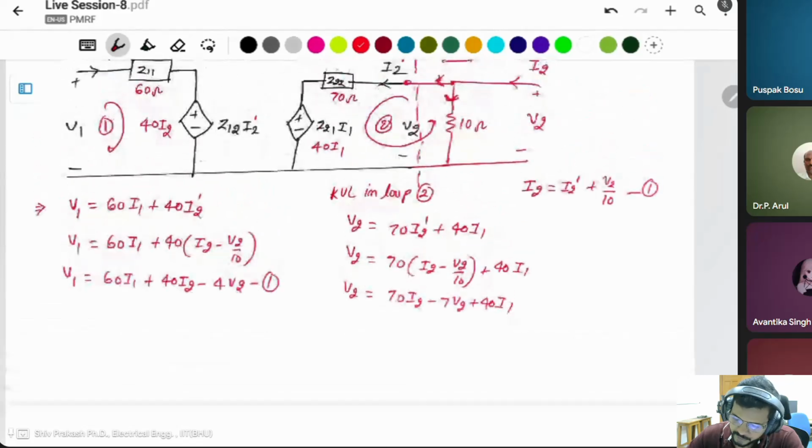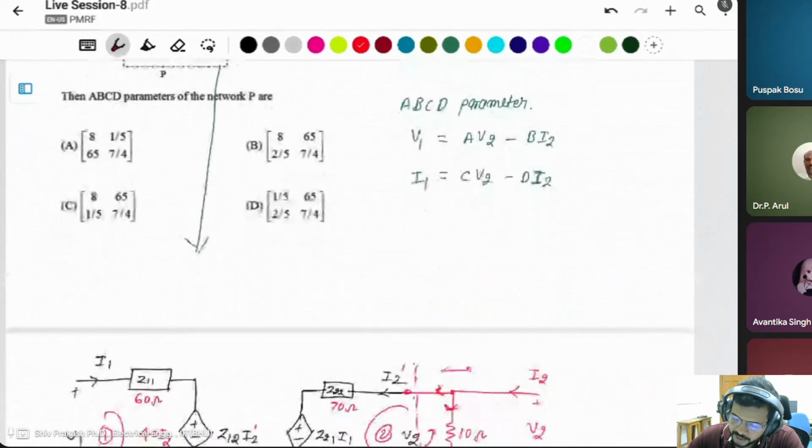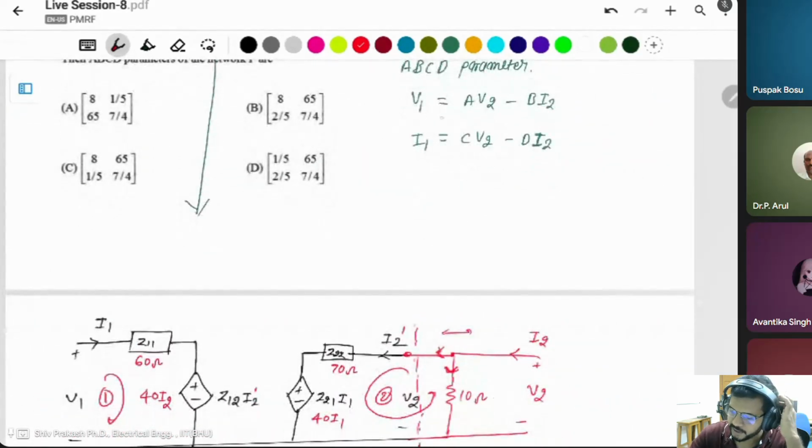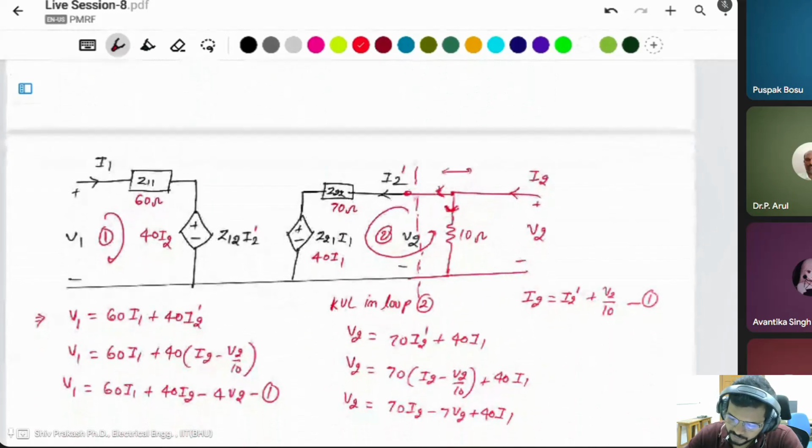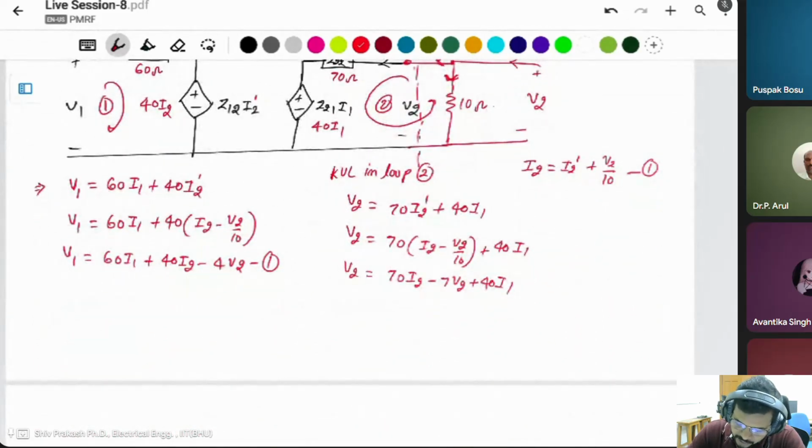Okay, the ABCD parameter is between V1 and V2, I2, and we have to find V1 in terms of V2 and I2. I1 is there. We have to replace this I1 from this one. Then what? This is 7 V2.